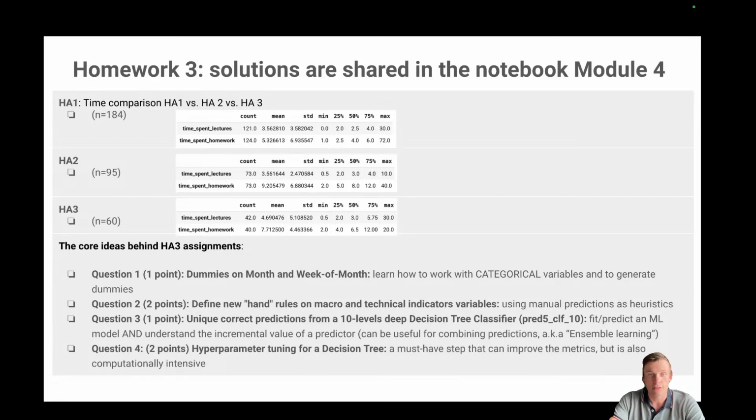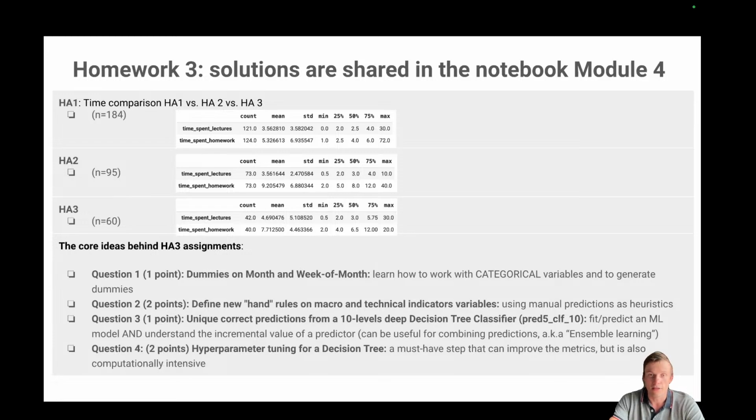The idea is simple, that you can use Pandas commands and you can create new categorical variables, which are usually quite important for seasonal factors, and they may serve as a good source of new features for you. Second, define new hand rules on macro and technical indicators variables. The idea here was to replicate a few hand rules that I introduced during the lecture.